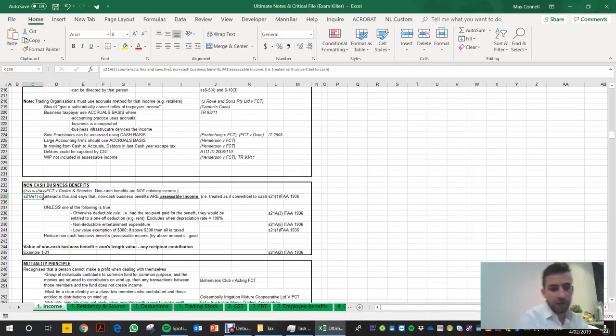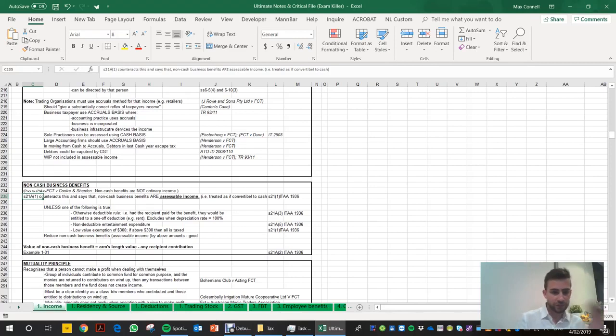So, number 1, the otherwise deductible rule, section 21A(3). If the recipient had paid for the benefit, they would be entitled to a one-off deduction. So, for example, if you have a professional fee for your chartered accounting, and your employer reimburses you for it, provides you that non-cash benefit, maybe and it doesn't fall under FBT, which it should.